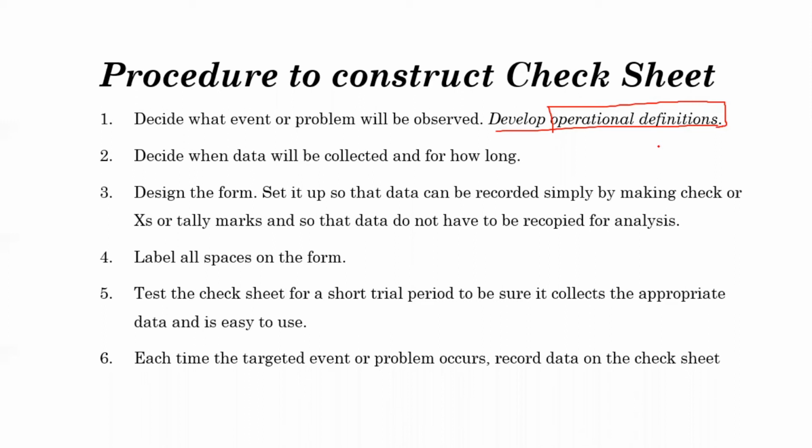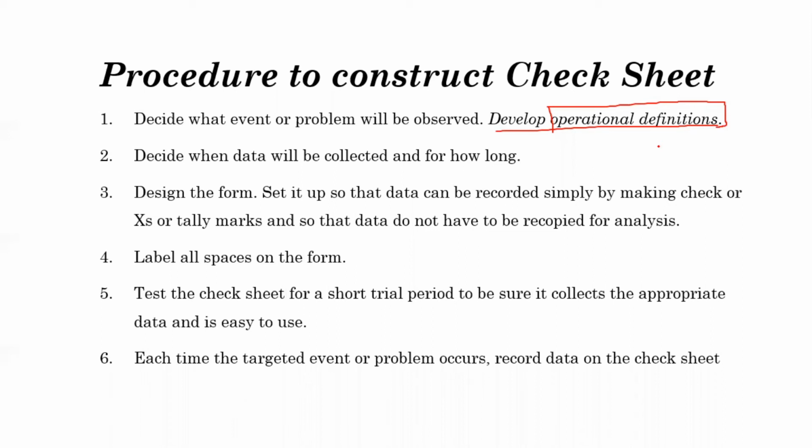For example, what do we mean by a broken chair? What do we mean by sound pollution? Is there some level of decibel that we say there is sound pollution? So that needs to be defined. If you define that, then the data collection would avoid subjectivity.